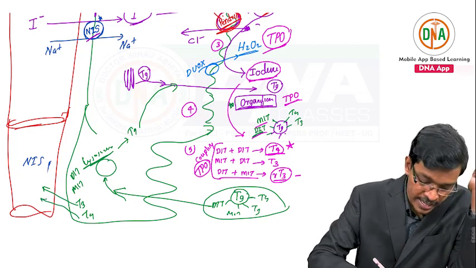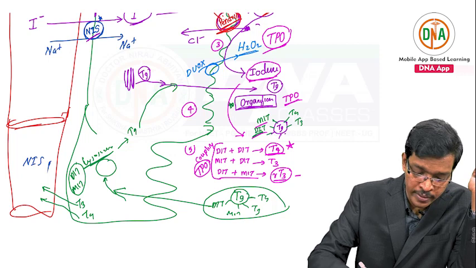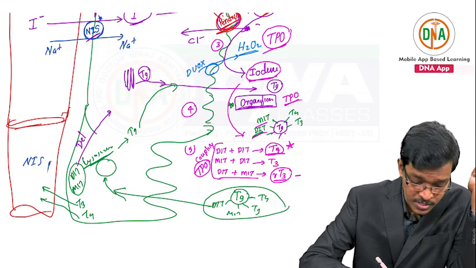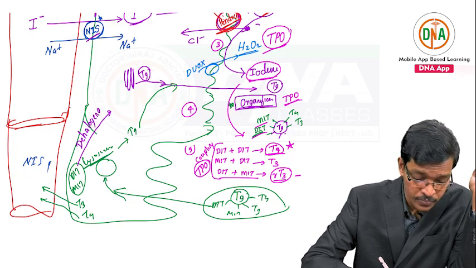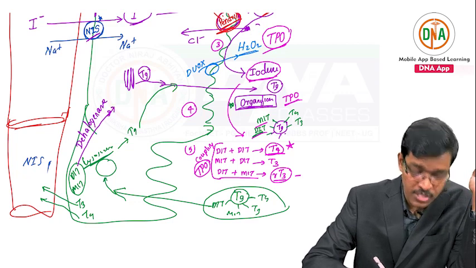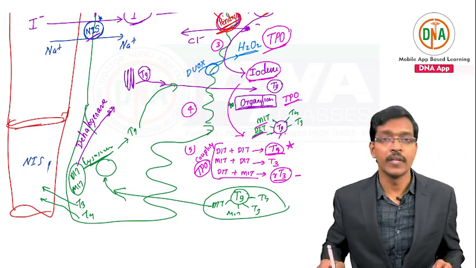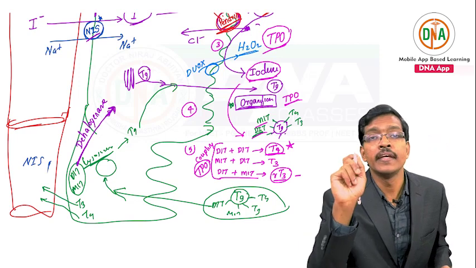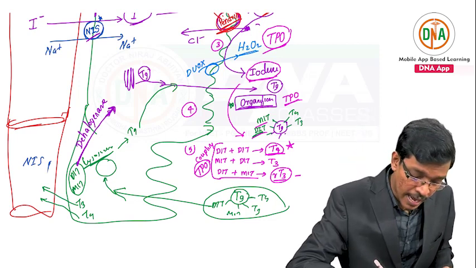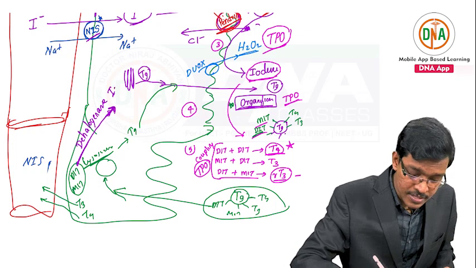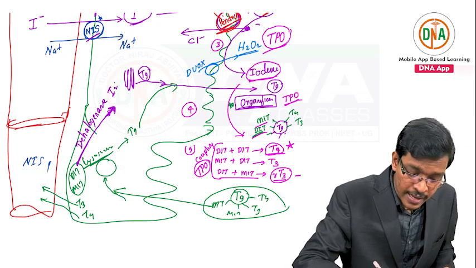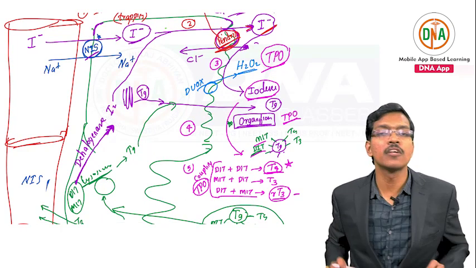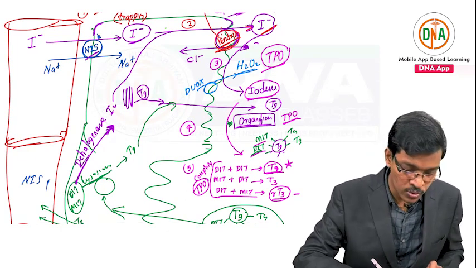And MIT and DIT will be acted upon by another enzyme known as dehalogenase, otherwise known as iodotyrosine deiodinase, releasing iodine, and this iodine will go back to the iodine pool. That means there is recycling of iodine with the help of this dehalogenase enzyme.